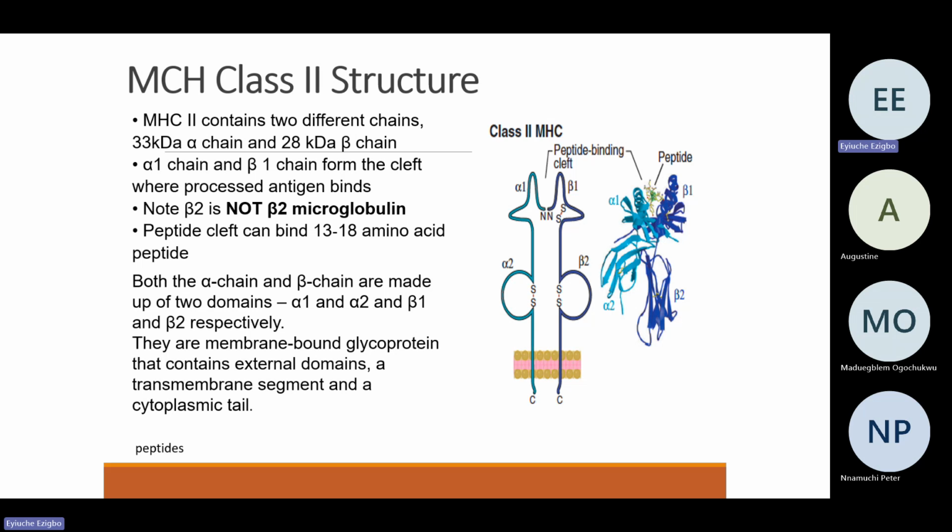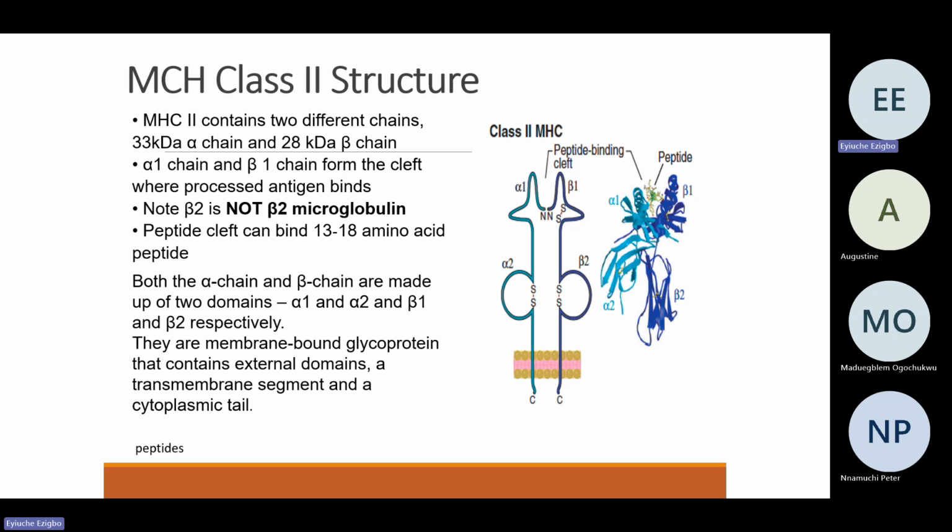Note that beta 2 is not beta 2 microglobulin here, as it is in MHC class 1. The peptide cleft of the MHC class 2 molecule can bind peptides of up to 13 to 18 amino acids.